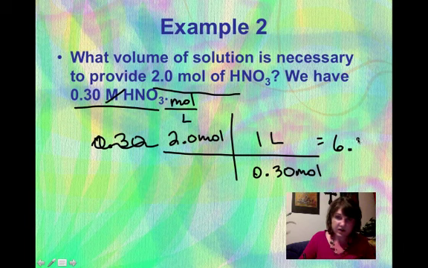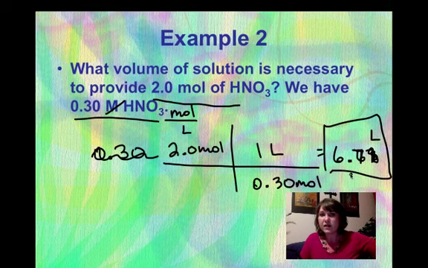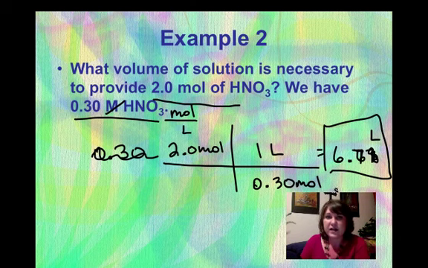We're going to need 6.67, 2 sig figs, 6.7 liters of this solution so that we can provide 2 moles of nitric acid.